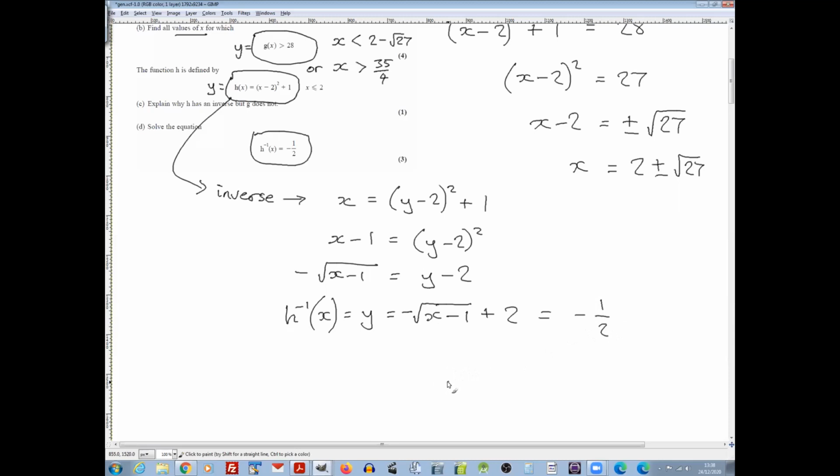In which case minus root x minus 1 equals minus 2.5. As a fraction? Minus 5/2. Good.